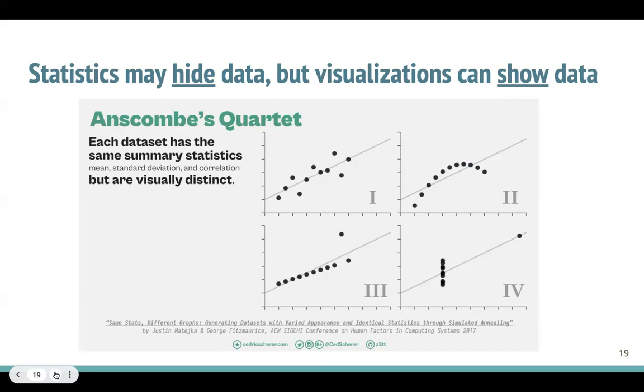So if you took the average, that'd be the same. The variation would be the same. But visually, they're very distinct. They have different trends. They convey very different things, and they would have meant something very different if you saw these things in the real world.